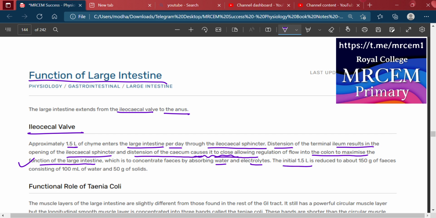The initial 1.5 liters is reduced to about 150 grams of feces, consisting of 100 ml of water and 50 grams of solid.